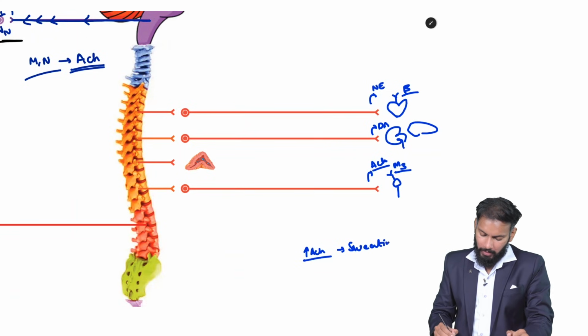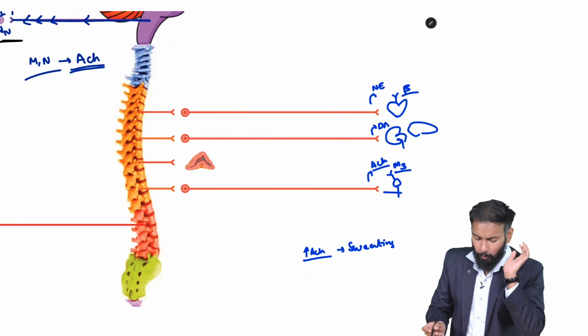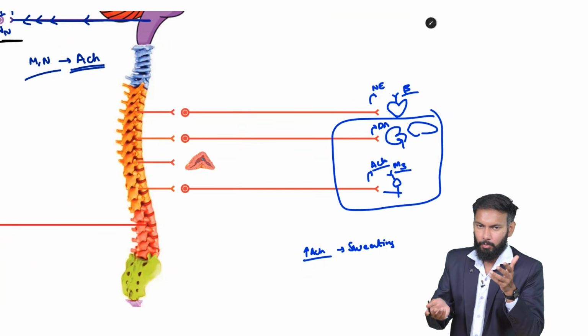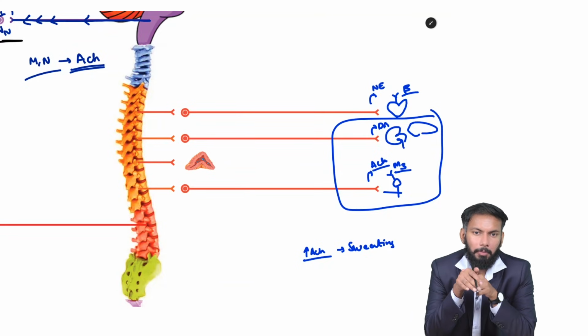Why? Because it acts on the M3 receptor on the sweat gland and causes sweating, even though it is part of the sympathetic nervous system. This is what I want you to understand. These are the exceptions. Exceptions are usually tested in the exams. So common is norepinephrine, but the other ones are dopamine and what? Acetylcholine in sweat glands. That's all.